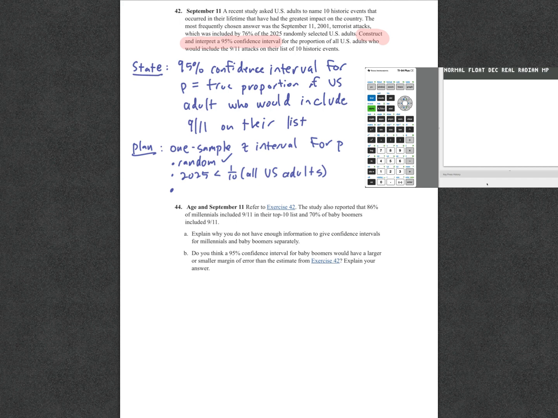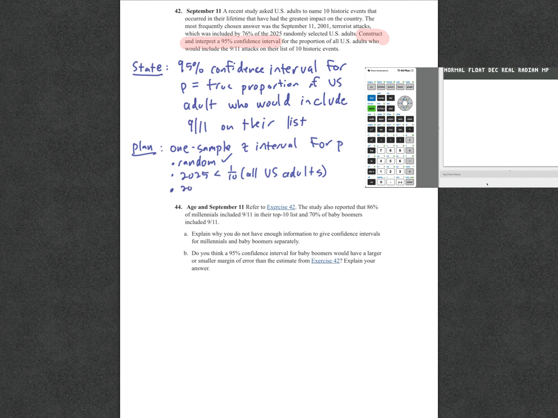Okay, and then the law of large counts. Oops, what was our P? Okay, P was 0.76. Actually, let me do it a different way, sorry.